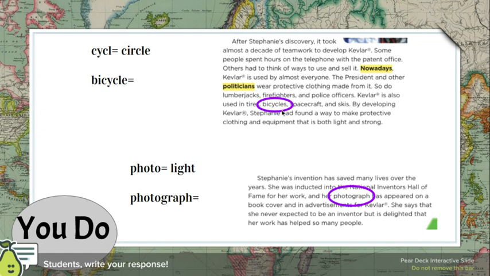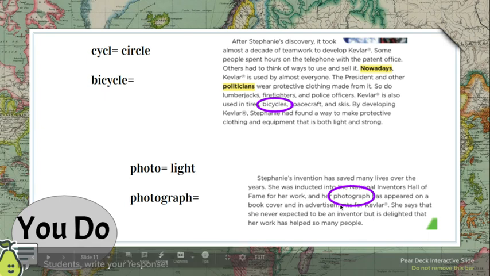That word bicycles has the Greek root of cycle, the CYCL, meaning circle. You need to decide, what does the word bicycle mean? If the CYCL means circle, what does bicycle mean?